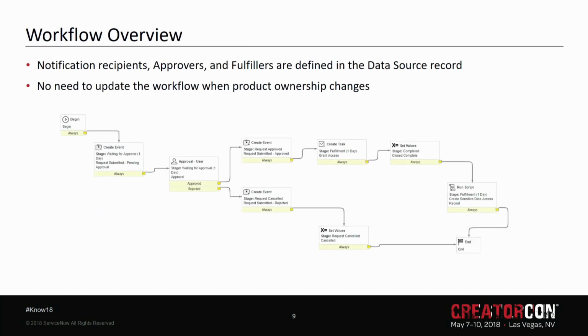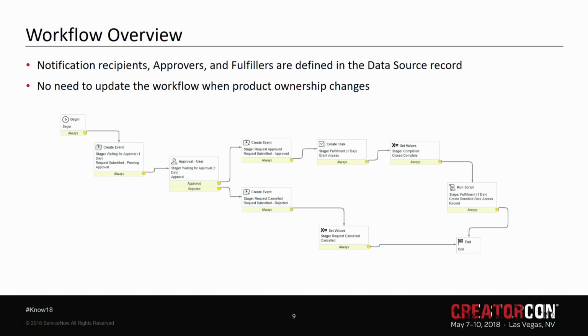So the workflow itself. Like we had talked about, notification recipients, approvers, and fulfillers are all defined on that data source record that we just looked at. And because we're doing it this way, we never need to update this workflow unless the process itself changes. So as we discussed before, when you look at this workflow, we don't have any real logic hard-coded in here.